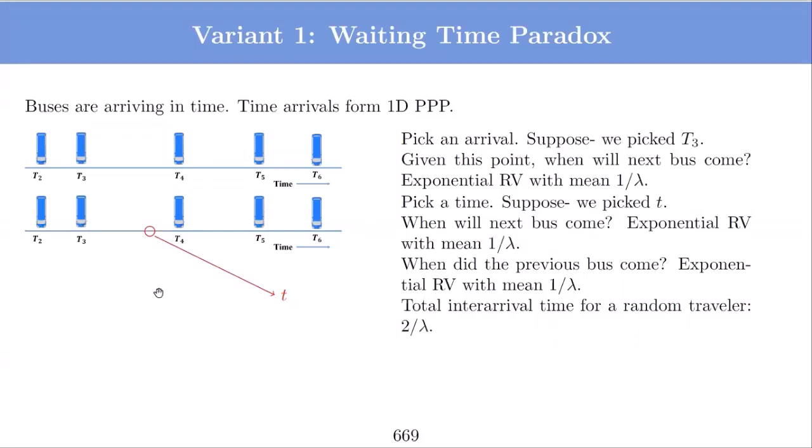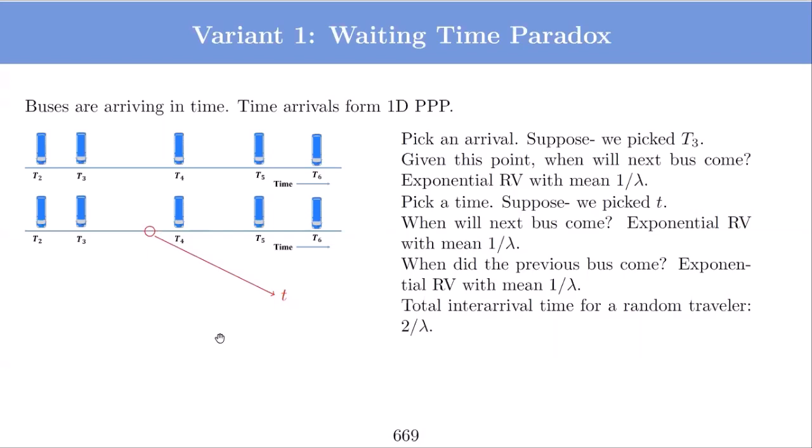Now let us take another case where we are not selecting one arrival, but we are selecting one time. Let's assume at 2 o'clock I go to the bus stop and then wait for the next bus. When will the next bus come? Given any time, if I want to find the nearest arrival, that will be the contact distance.